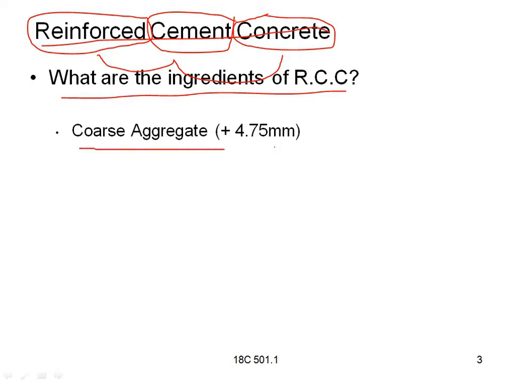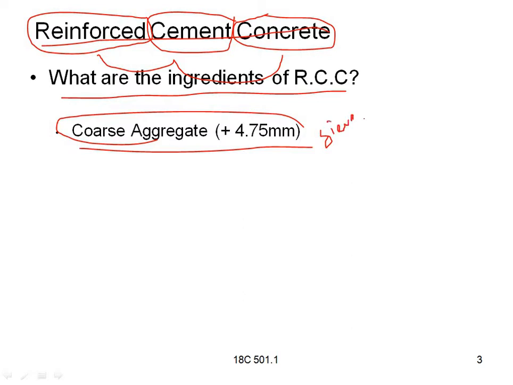Coarse aggregate, that is plus 4.75 mm. So what is this 4.75 mm? It is a sieve size, from the sieve analysis. The material retained on the 4.75 mm sieve is called coarse aggregate.